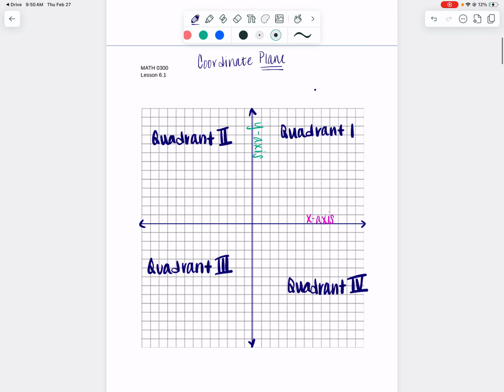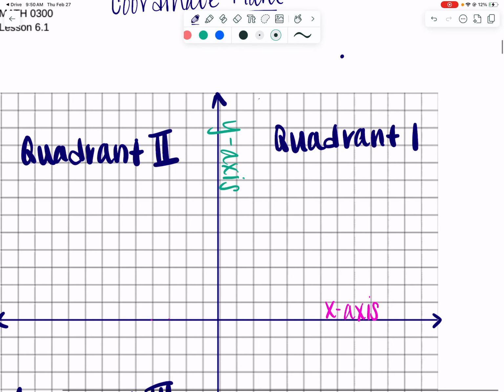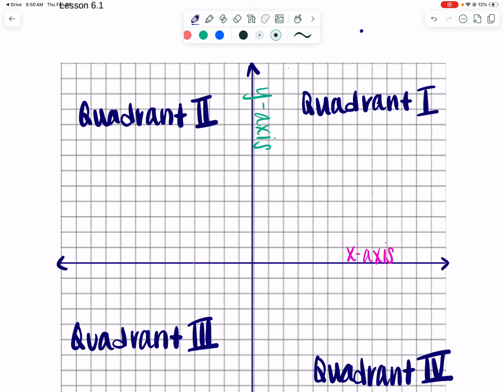Now we name these with Roman numerals. So this is not quadrant I. It is quadrant 1, 2, 3, and 4. If you get mixed up with those, start in the top right and make a C.